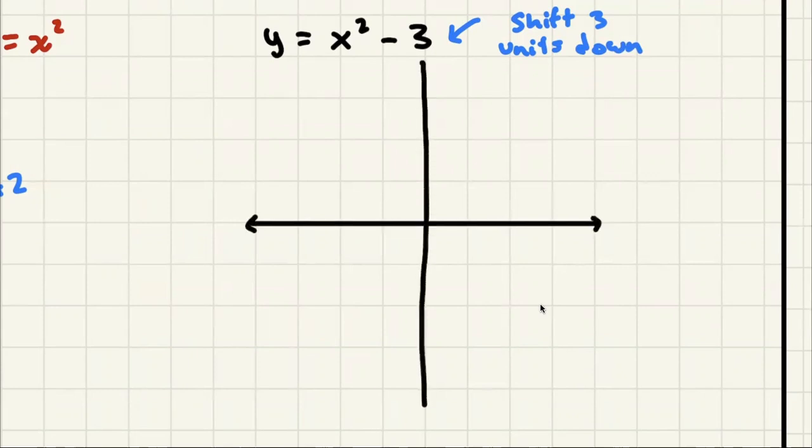You don't have to draw the dotted graph, okay? I'm just showing you the dotted graph to show you what it would look like if you did this on your own. Remember, just to show you the translation, we start at (0, 0), (1, 1), and (2, 4). And then we're going to reflect.